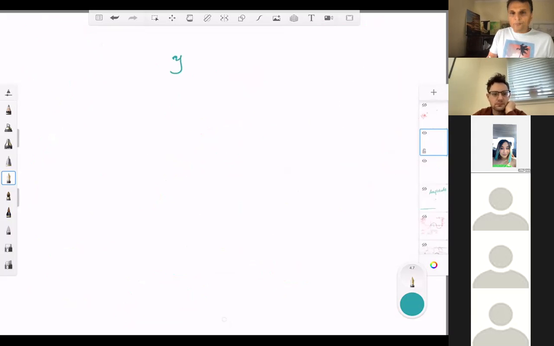So now, let's talk about periodic graphs. I give you 4 graphs.